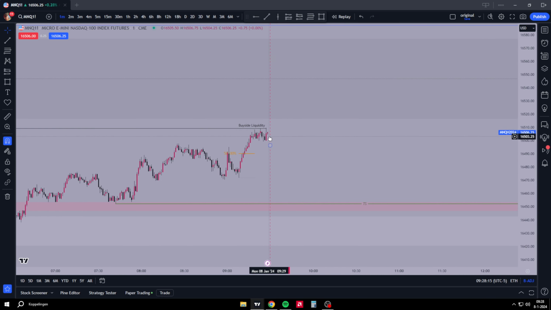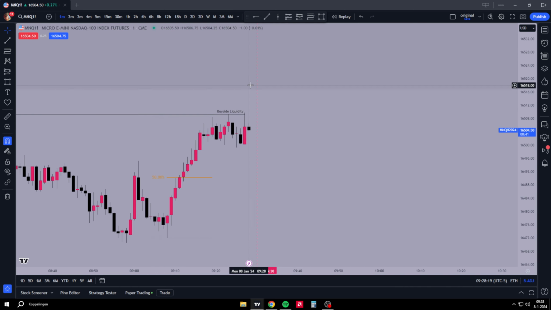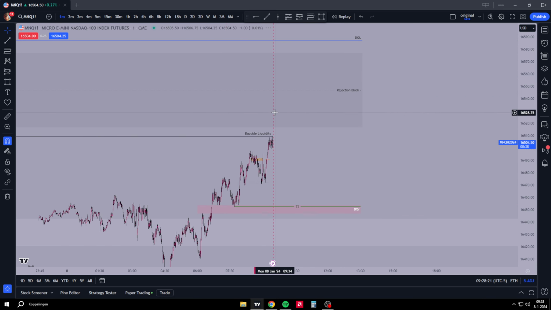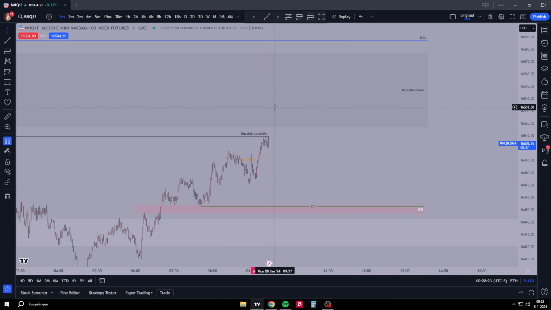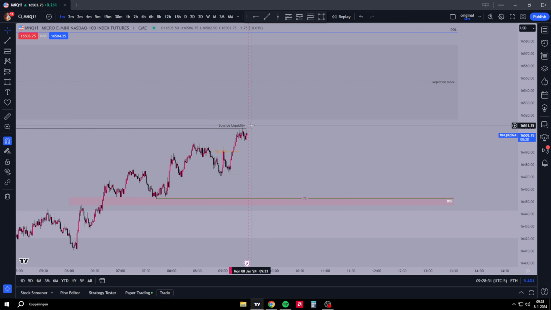So where could our Judas swing go? Well, actually, we're right now accumulating. We could Judas swing into this rejection block, maybe even, I would say, the first quadrant here. Maybe not even constant encroachment, because that would be pretty crazy high, but it could happen.